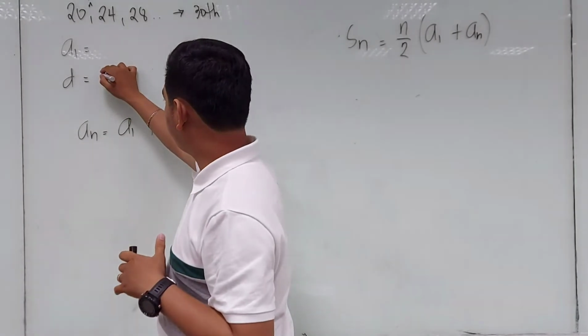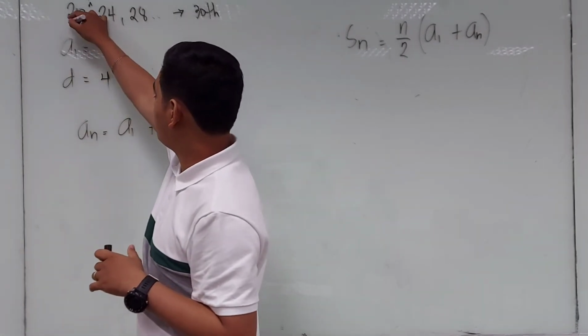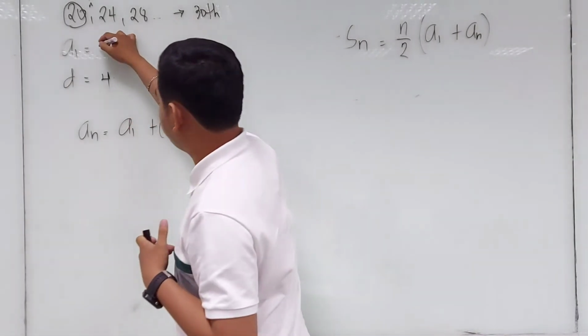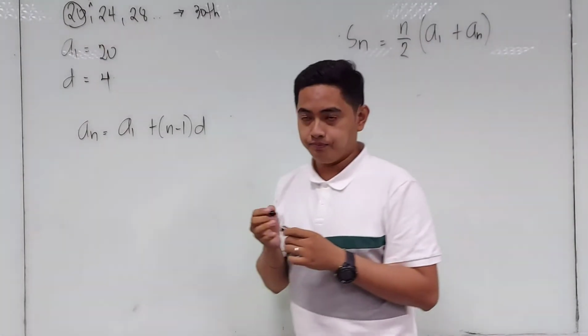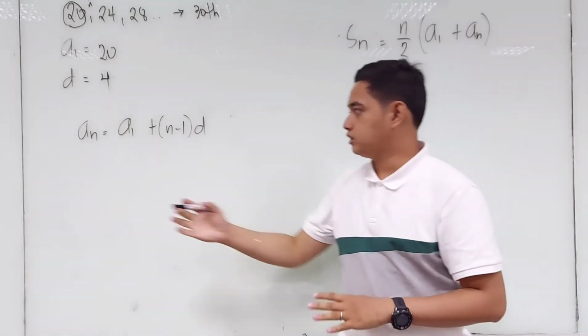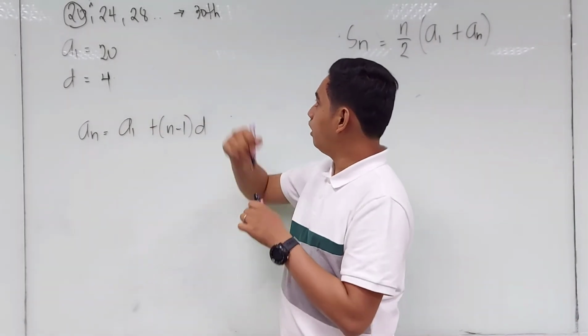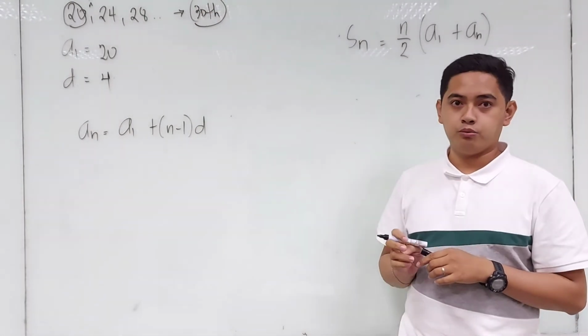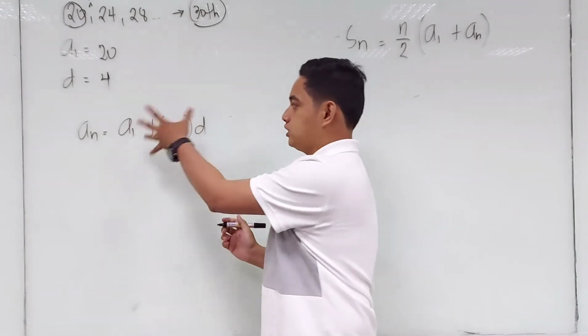We have our a sub 1, or our first term, which is 20. Then next we need to find out the value of the 30th term using this formula. All we have to do is substitute.